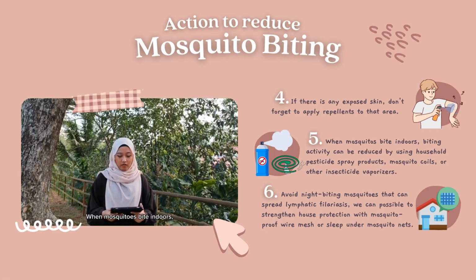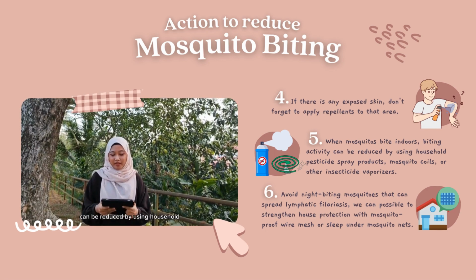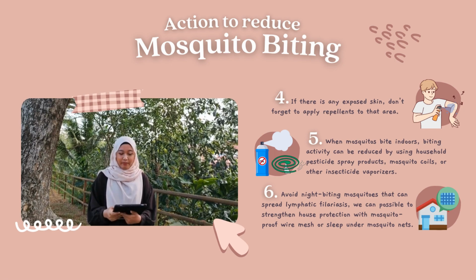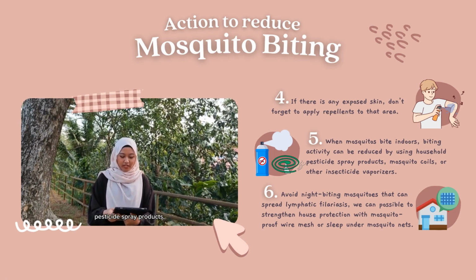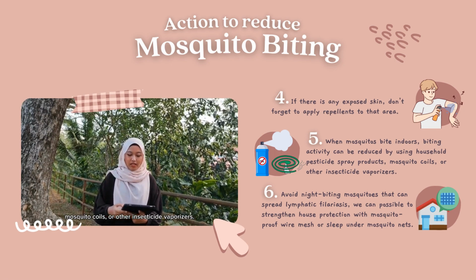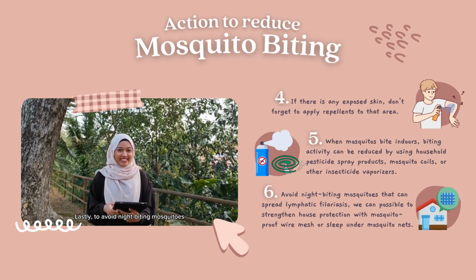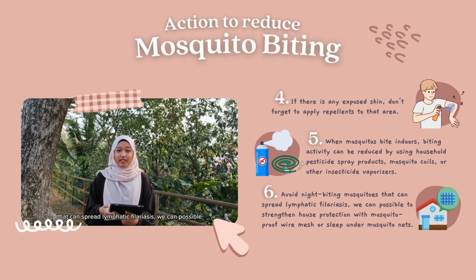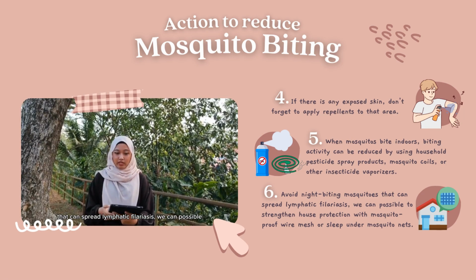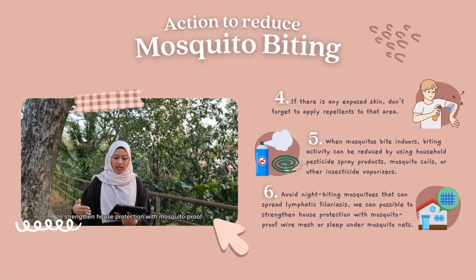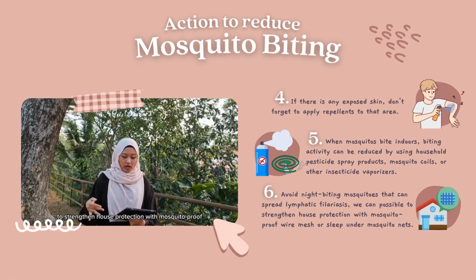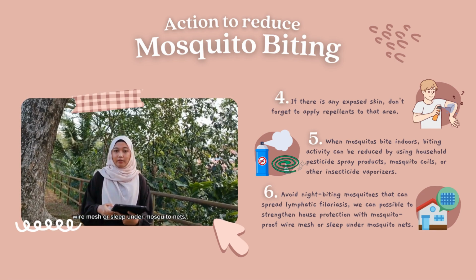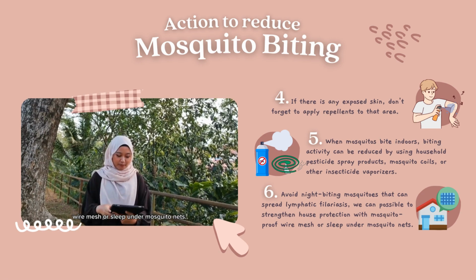When mosquitoes bite indoors, biting activity can be reduced by using household pesticide spray products, mosquito coils, or other insect vaporizers. Lastly, to avoid night-biting mosquitoes that can spread lymphatic filariasis, we can strengthen house protection with mosquito-proof wire mesh or sleep under mosquito nets.